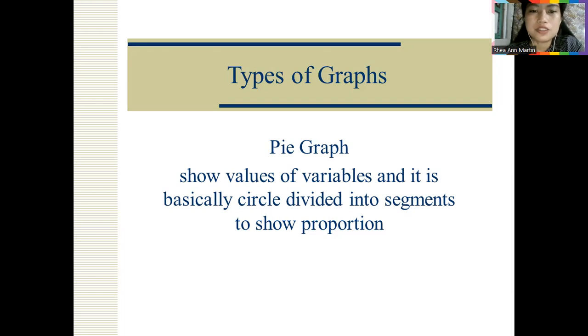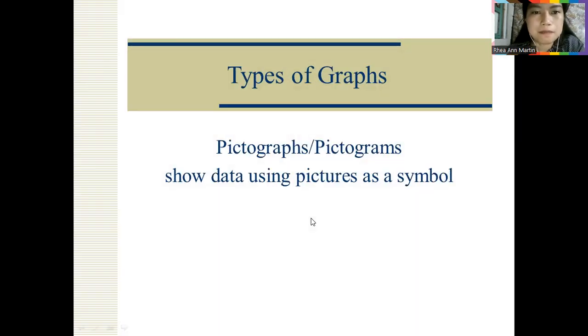Take a look at the picture, it is like a pizza with slices, but the slices depend on your data. Maybe this one is for your savings, this one is for your expenses, this one is for your needs, this one is for your allowance, and this one is for an emergency fund. Something like that.